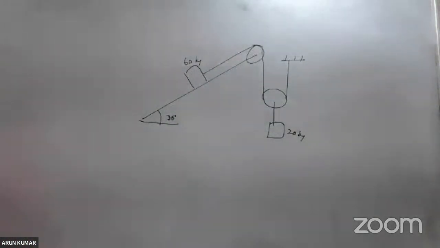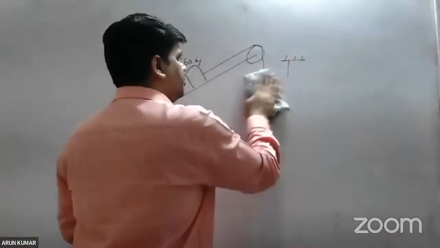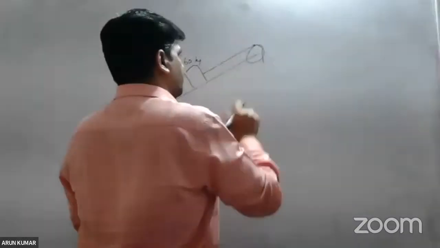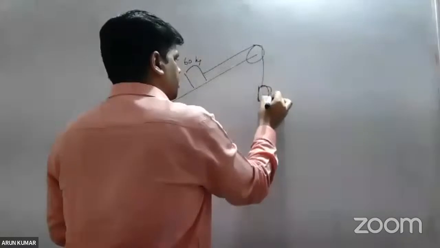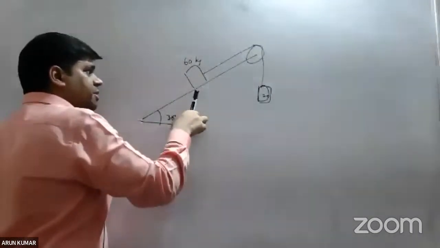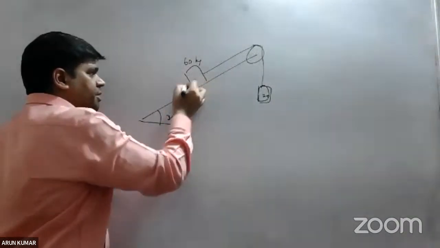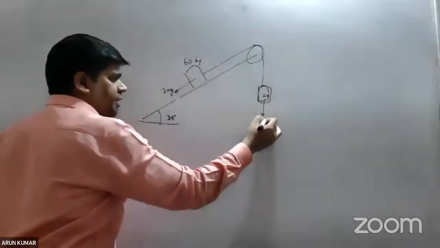So what I first do is I'll first presume it's frictionless. Let's first do this without the pulley. So this is the 20 kg block. So this is 60G sine 30, so that will be 30G. And this is 20G.